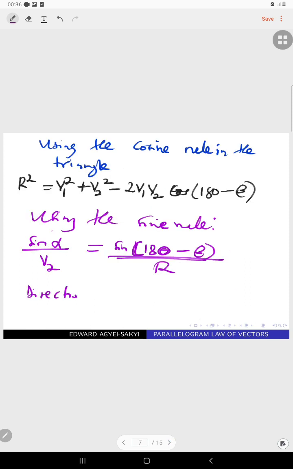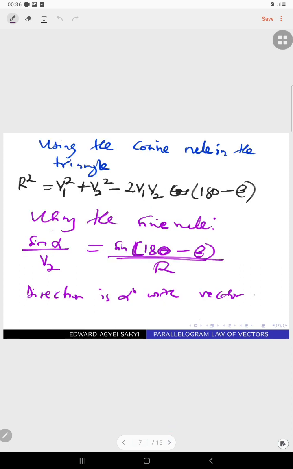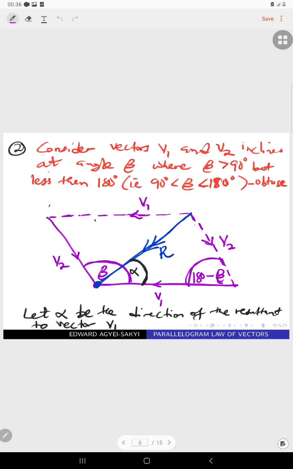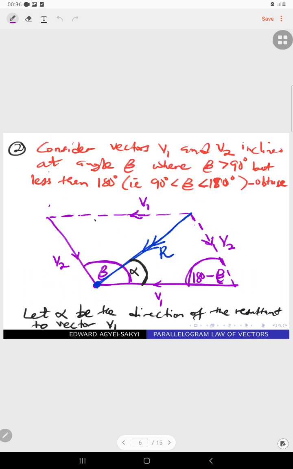The direction is alpha degrees with vector V1, or you can say that the direction is east alpha degrees. Okay, because if you draw the triangle, check it. When you bring the triangle out, this is the triangle I'm talking about. Let me change the marker.